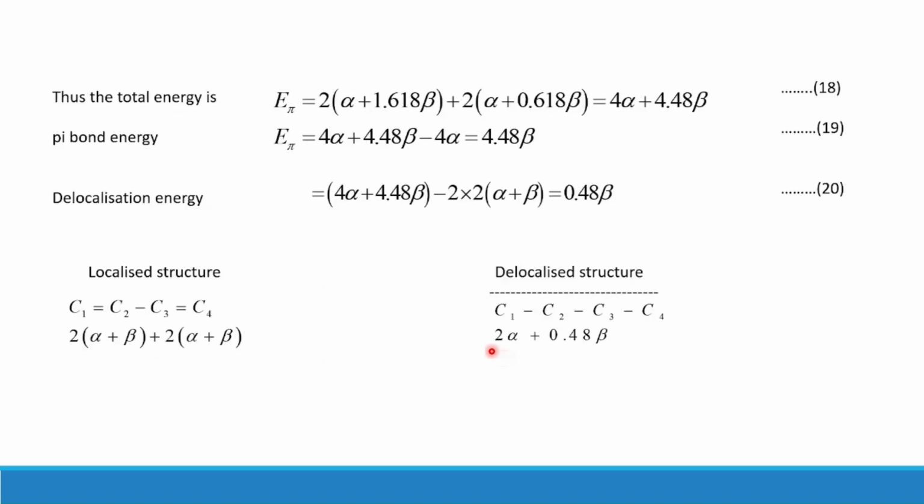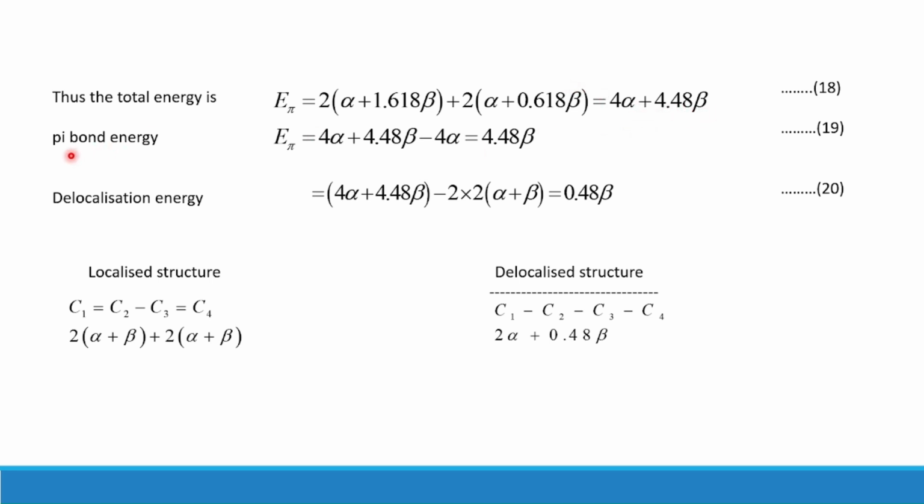If we want to calculate the total energy, then E pi: 2 electrons occupy the E1 level, whose energy is alpha plus 1.618 beta, so 2 into (alpha plus 1.618 beta), and 2 occupy the second level, whose energy is alpha plus 0.618 beta, so we multiply by 2 too. So if we calculate the total, it comes out to be 4 alpha plus 4.48 beta.